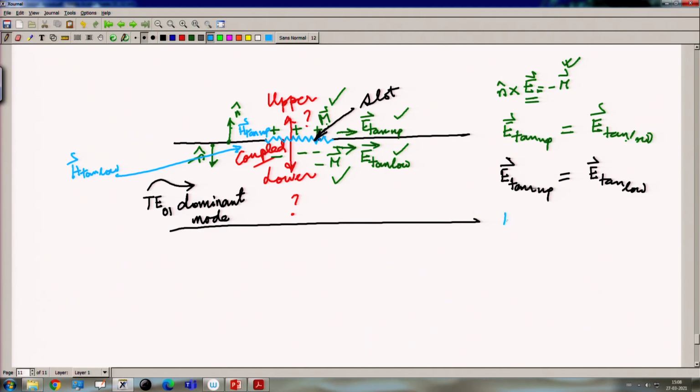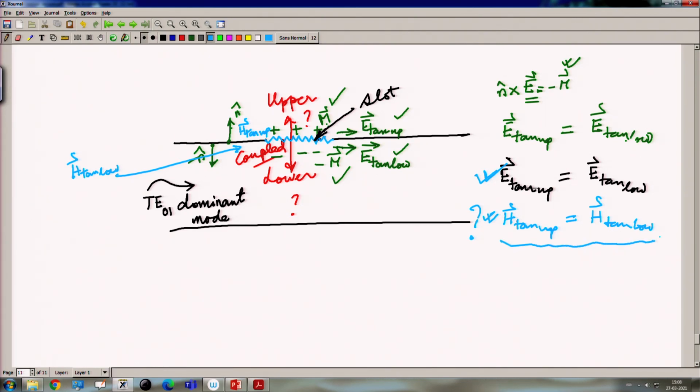So, in the original problem, H tan up will also be H tan low. That also has to be obeyed, but we have not obeyed that as yet. So, this condition needs to be obeyed.